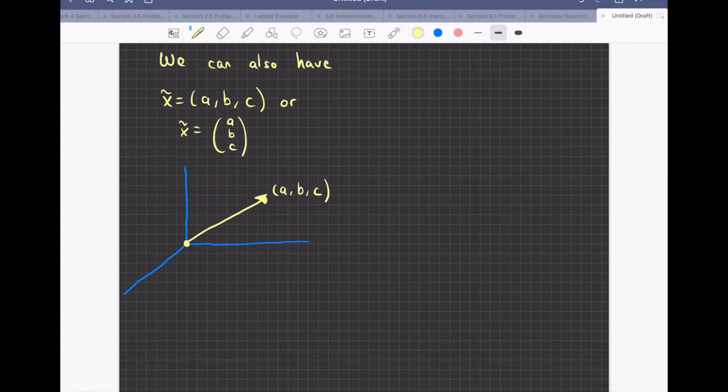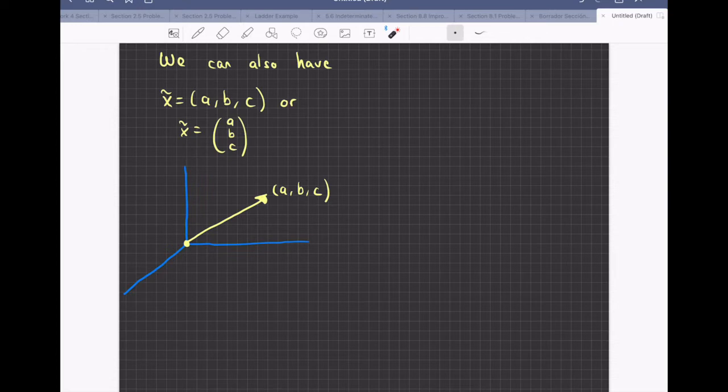So again, I have something like a segment of line that for sure is going to have a magnitude and a direction. But the main point that I want you to get is that a vector is completely determined by three numbers with the corresponding order, of course.